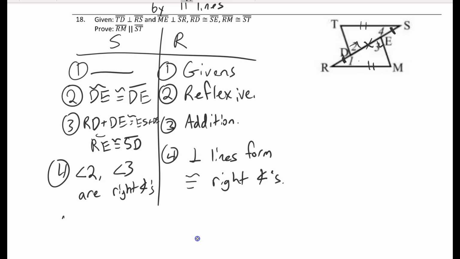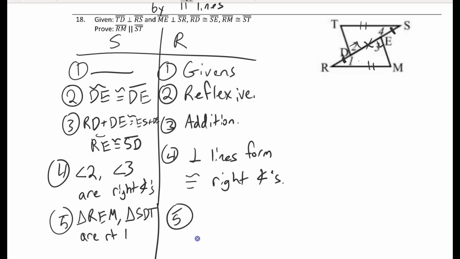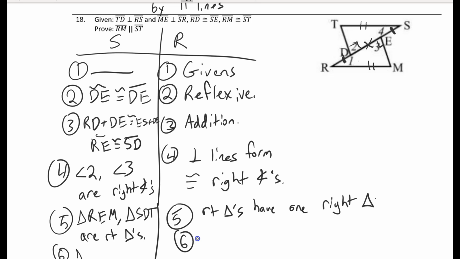Now, if I know that they're right angles, I know that they're right triangles. So I can say the triangle REM and triangle DST or SDT are right triangles, because right triangles have one right angle. And if I know that they're right triangles, I can state that they're congruent by hypotenuse leg.